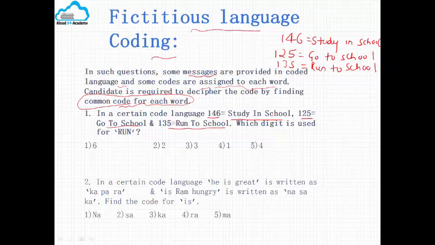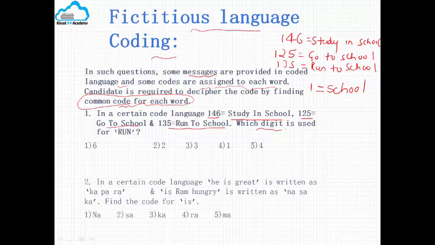Now in these three numbers, what is common? 1. In 146, 125 and 135, which number is common? 1. And which word is common in study in school, go to school and run to school? School. So we can say 1 is equal to school.